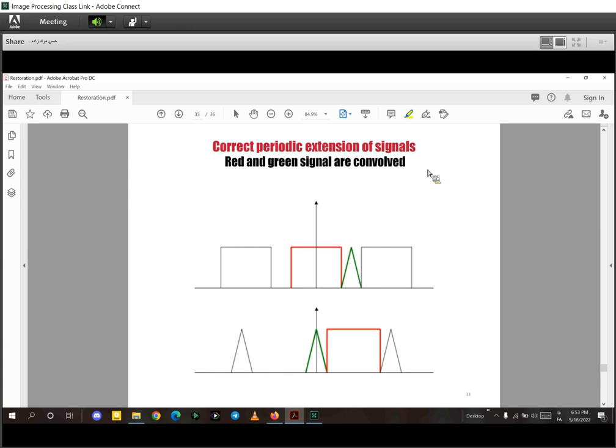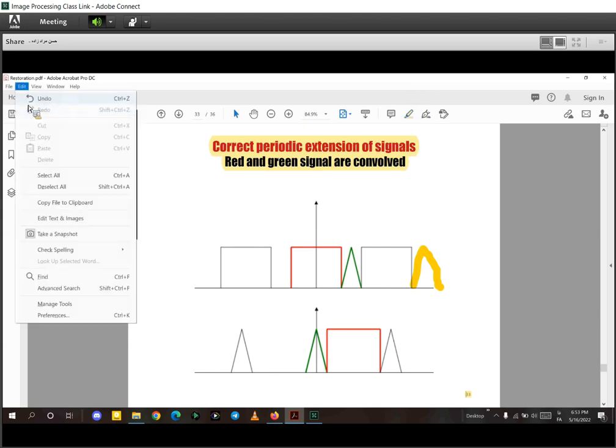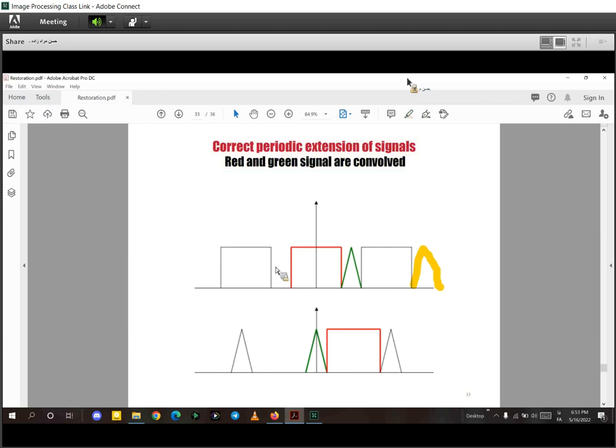For example, here you have another item, which is the same as this one. This is circular, and after it you see this rectangle, after it you see, for example, a triangle, and so on.